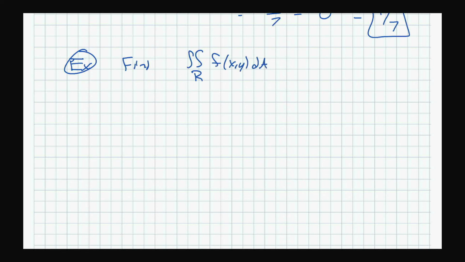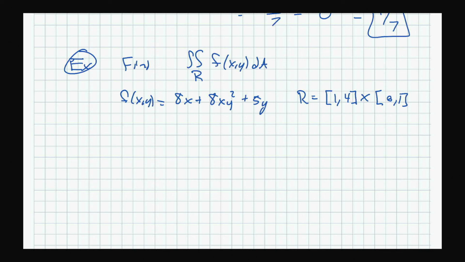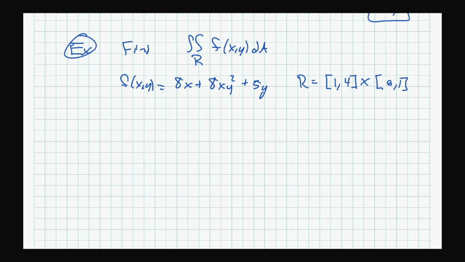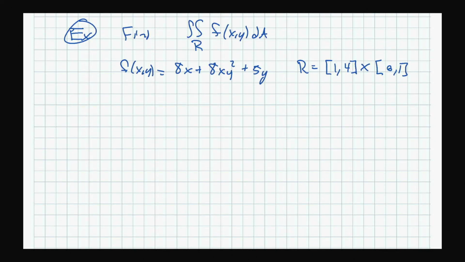They're going to write that over and over, where f of x y is 8x plus 8xy squared plus 5y, and R, they write this way. So they're changing up the notation on you from problem to problem, 1 to 4, 0 to 1. And they even say to do the y integral first. So we will, not that it matters.